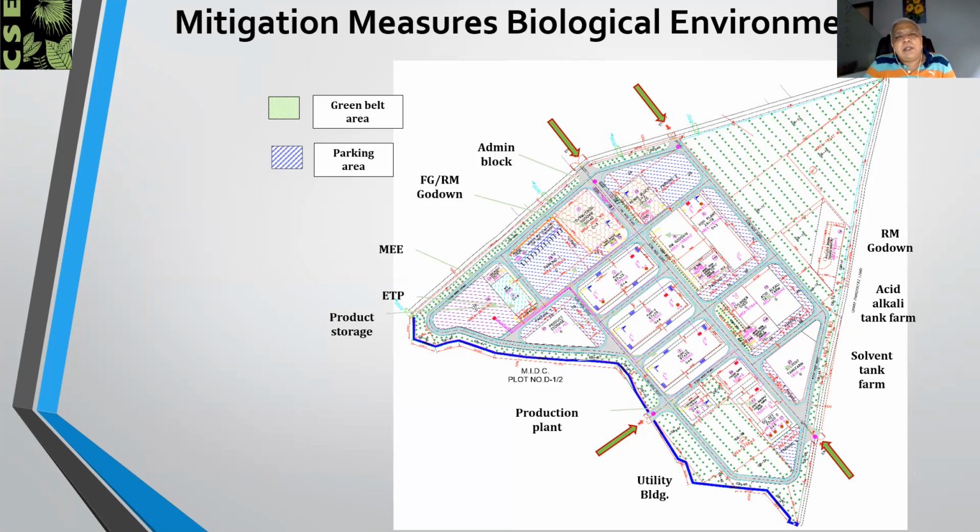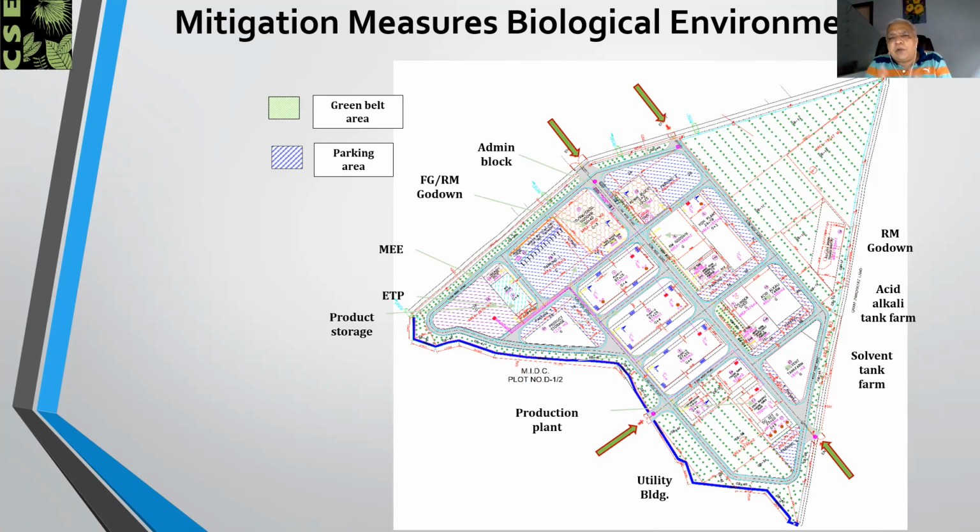Now, the other significant improvement which has been seen these days is the planning for a green layout. We should ensure that even in case of a manufacturing plant, for example, the layout should be planned in such a way that there is a barrier all around the manufacturing facility.